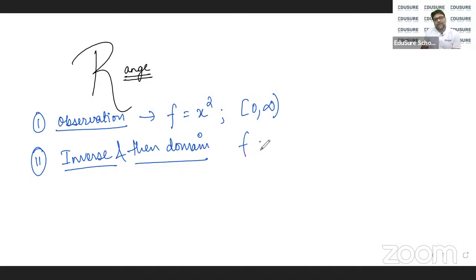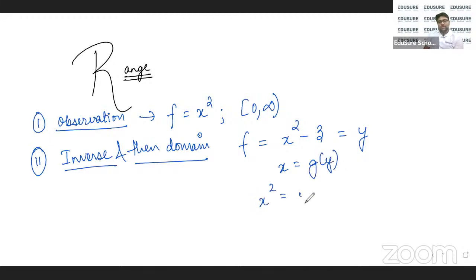So if f(x) is equal to x square minus 3, it can be done by observation, but if I want to find it in the other way, what do I do? y is equal to this. Now find out x in terms of y. So from here, x square is equal to y plus 3. x is equal to plus minus root over y plus 3.